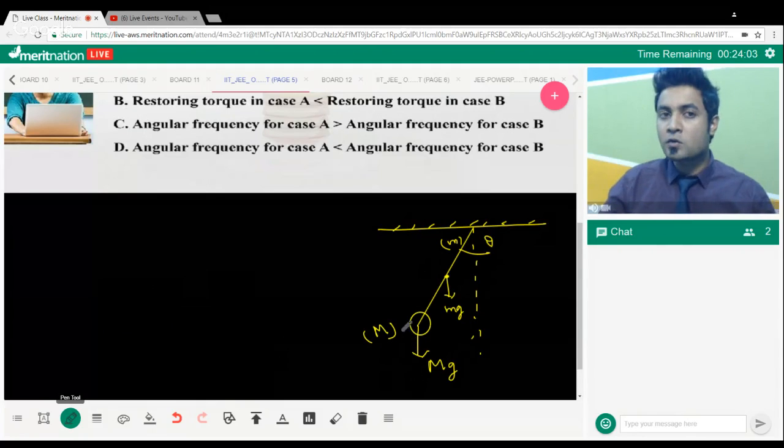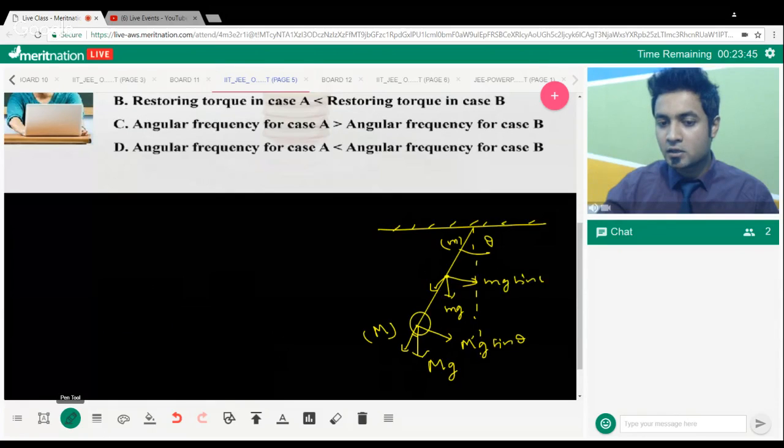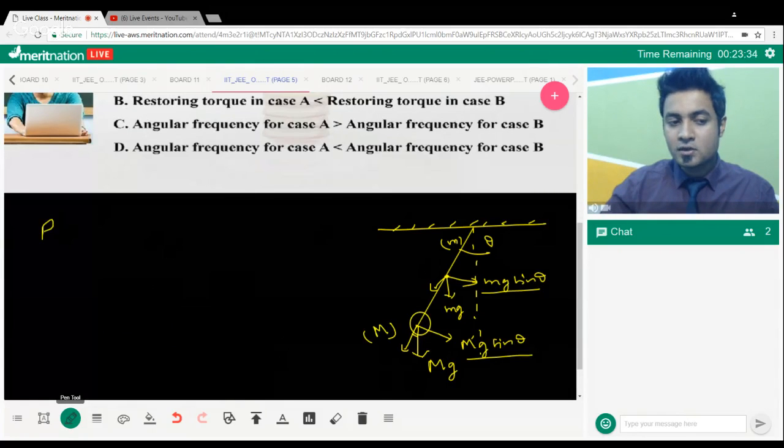If you resolve these, the restoring force components are capital Mg sine theta and small mg sine theta, which are responsible for producing the torque, isn't it?